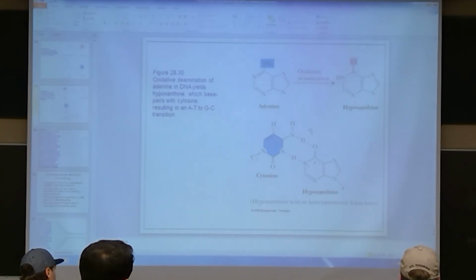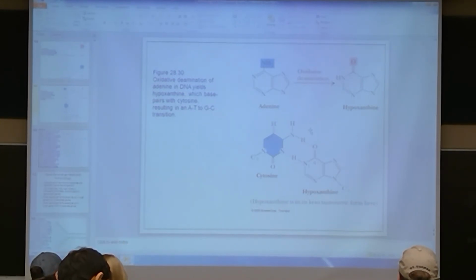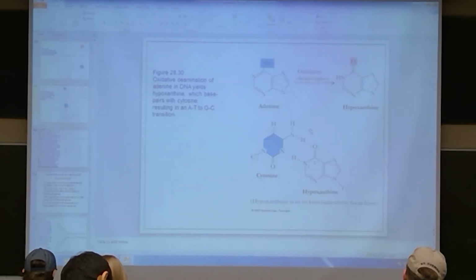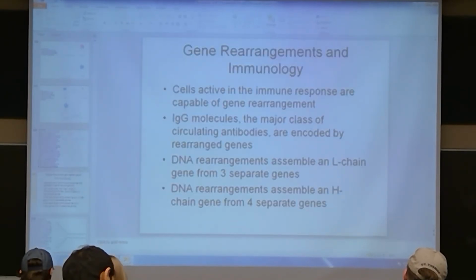I can ask: if you expose the cell to 2-aminopurine, what will happen to the cell? What specific mutation does it cause? Oxidation of adenine, what specific mutation will it cause? I think that's it.